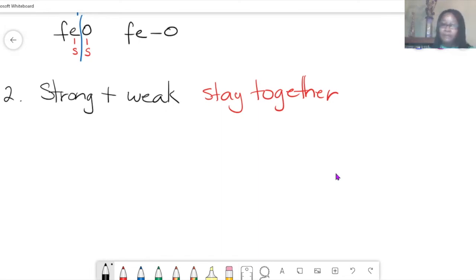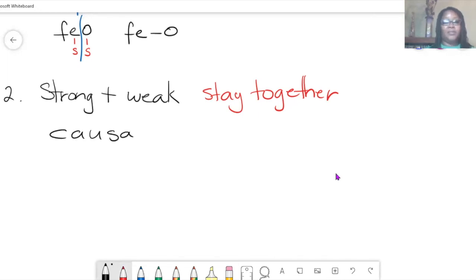That's a different kettle of fish altogether. We're dealing with when you have two vowels coming together. So remember, your A, E, O are your strong vowels, I and U your weak vowels. We're going to be looking for words where the strong vowel appears before the weak vowel. An example of this is this word right here.